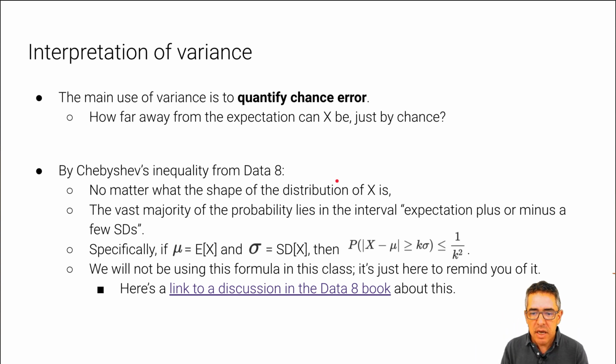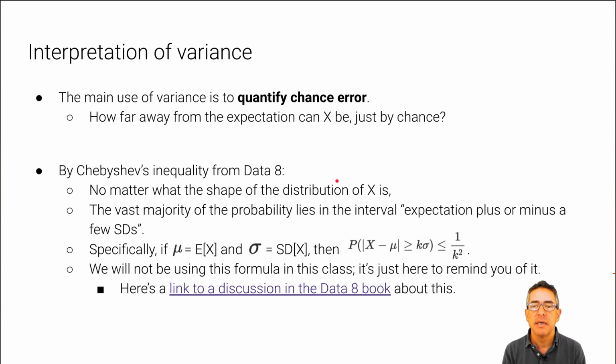In Data 8, there's a lengthier discussion of this, and it gives a lot more detail. But the key idea here is that for pretty much any probability distribution that you will encounter in this course, you can assume that most of the mass is concentrated around the expected value, give or take a couple of standard deviations.